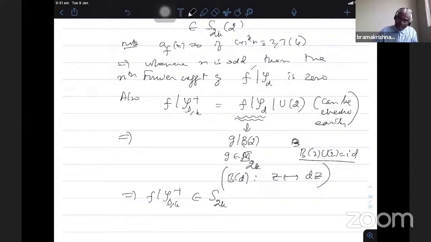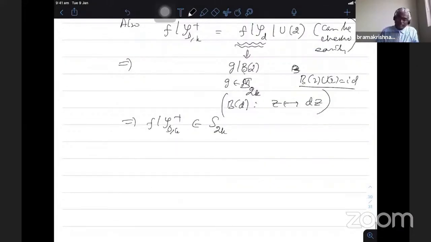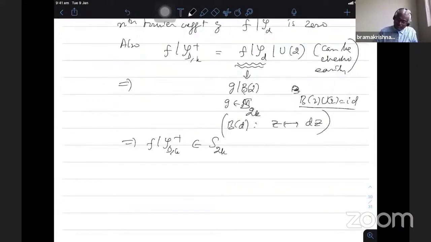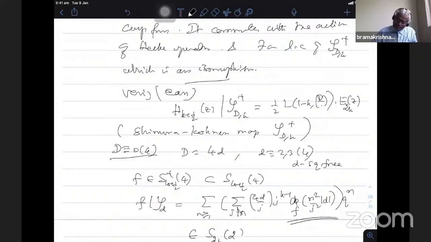Then he shows that for any Hecke eigenform, one can always find a fundamental discriminant for which this coefficient is non-zero.